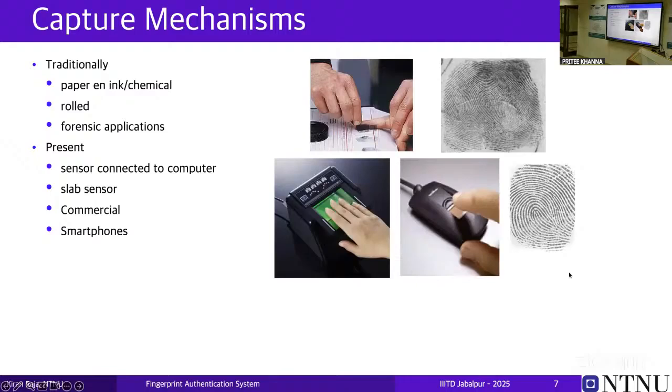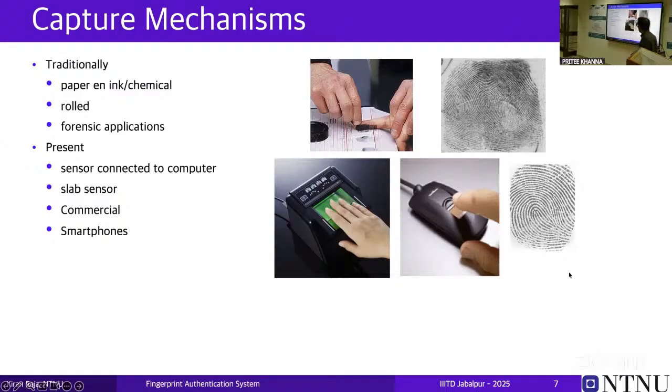And now if you go to the capture mechanism, there are a number of ways you can capture. One of the traditional ways, in the very old days, was papering. You remember this kind of carbon, well, a lot of things. Then you put it on that and press on the stamp pad, right? Exactly, stamp pad. So this is typically the scenario, and this is how they were collected.